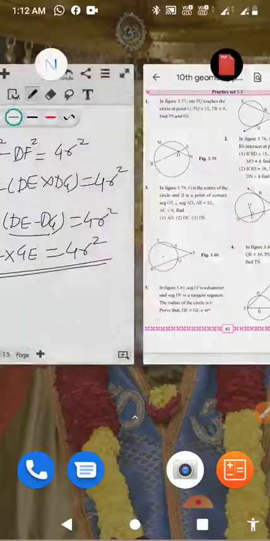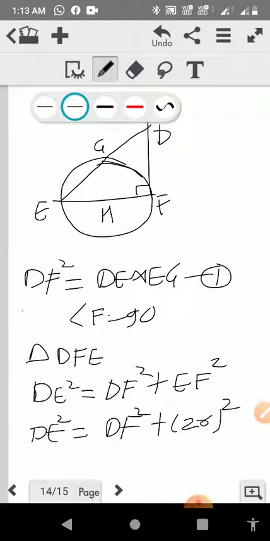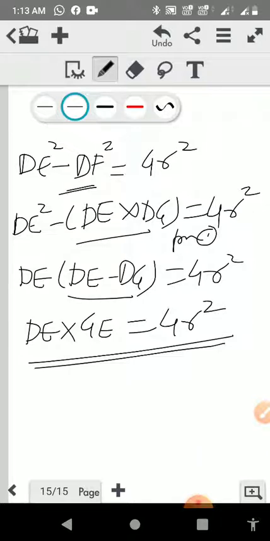You can put the reason also, from equation 1, because in equation 1 we have written DF square equal to DE into DG. I am just putting this value of DF square, and DE gets common, so DE minus DG becomes GE, and DE into GE is 4r square. That is what I have to prove.